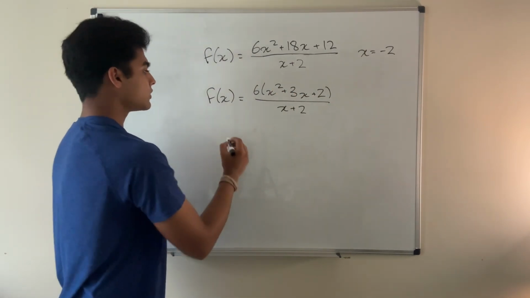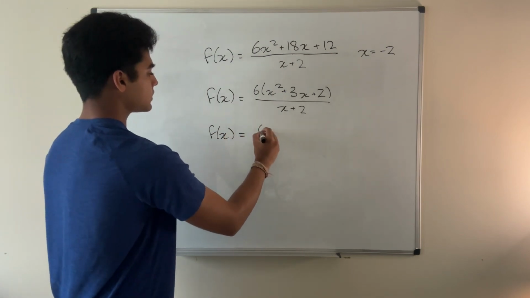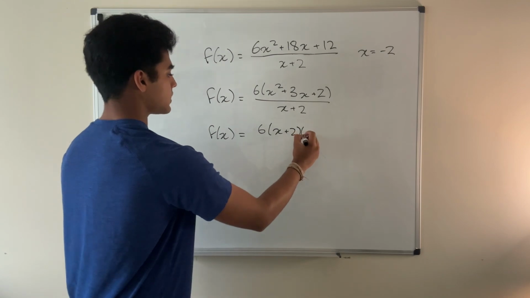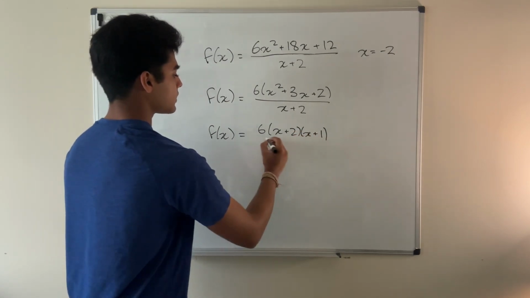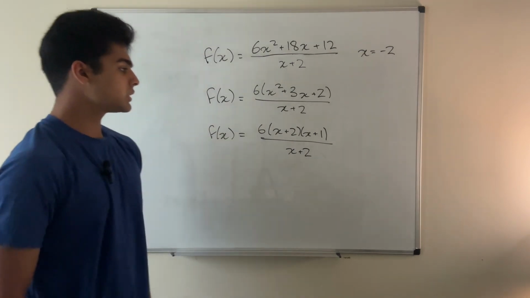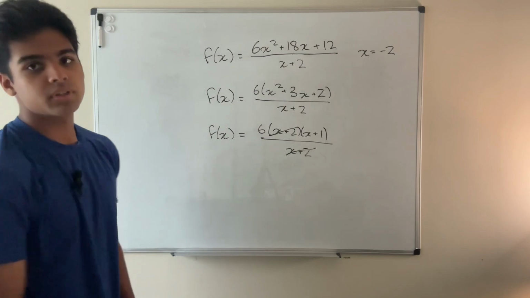Now we can factor this further. So f of x equals 6 times x plus 2 times x plus 1, and then all of that over x plus 2. Now we can see that this and this cancel out, and there we just removed the discontinuity.